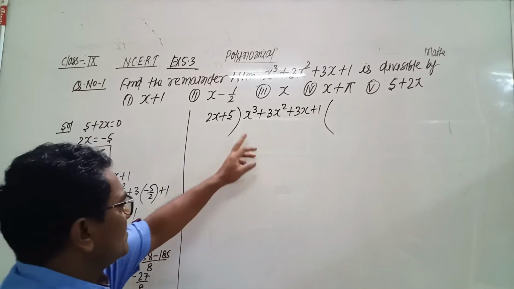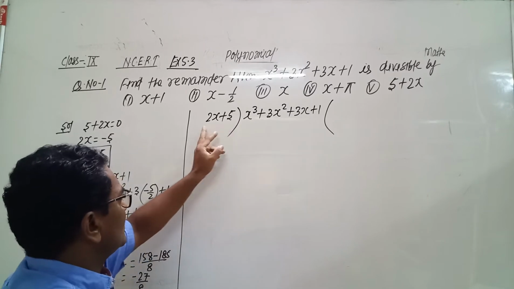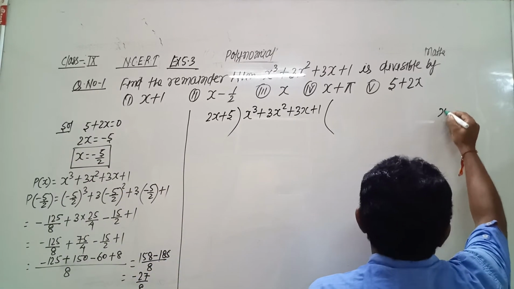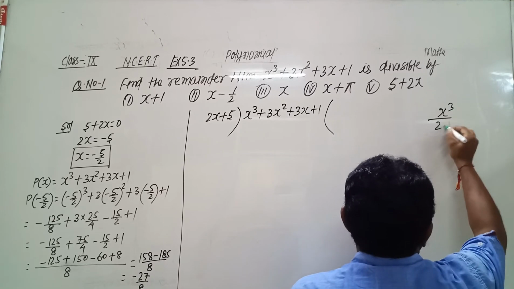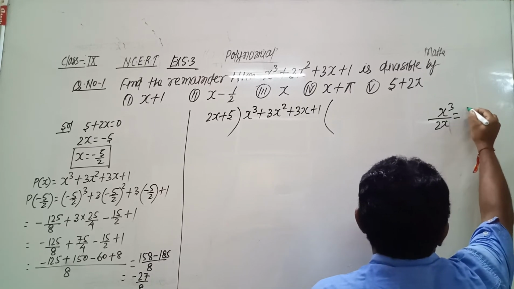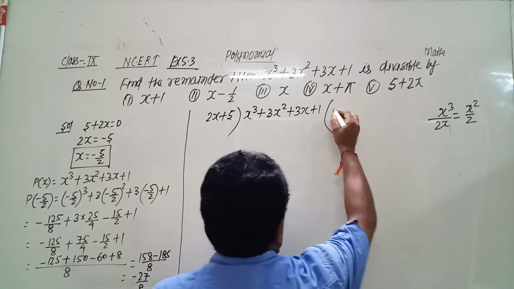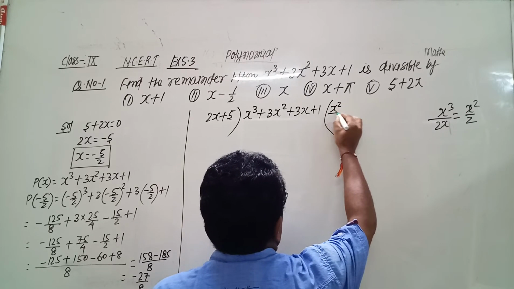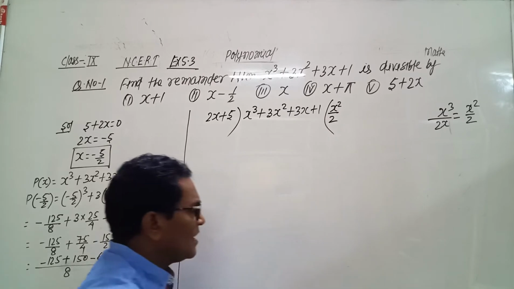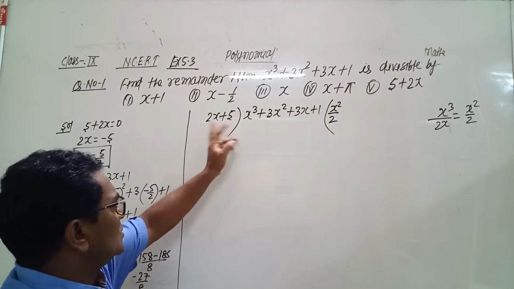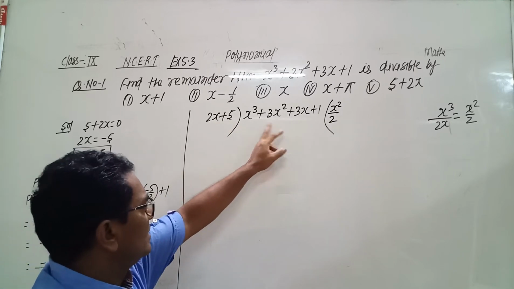Now the first term of the dividend is x cube and the first term of the divisor is 2x. So x cube divided by 2x, we get x square by 2. So here we write x square by 2, and x square by 2 multiplied by both the terms would be written below.